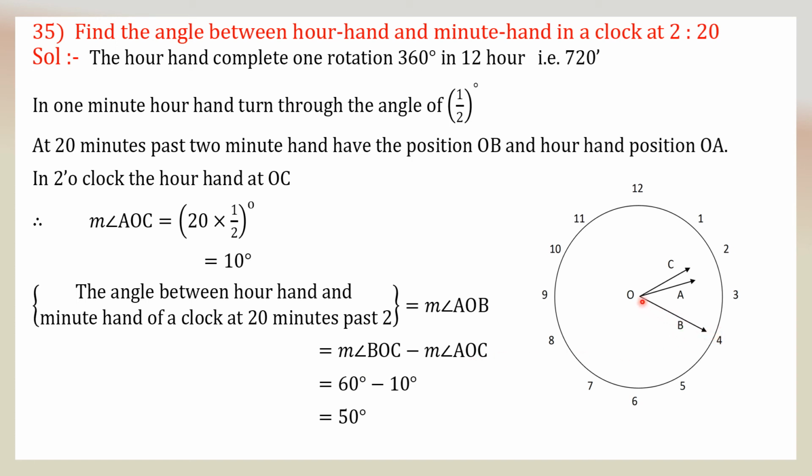The measure of angle BOC is 60 degrees: from 2 to 3 is 30 degrees, 3 to 4 is 30, and 30 plus 30 is 60 degrees. Minus the measure of angle AOC, that is the angle in 20 minutes, 10 degrees. Therefore 60 degrees minus 10 degrees equals 50 degrees. That is the measure of angle AOB, the angle between the hour hand and minute hand.